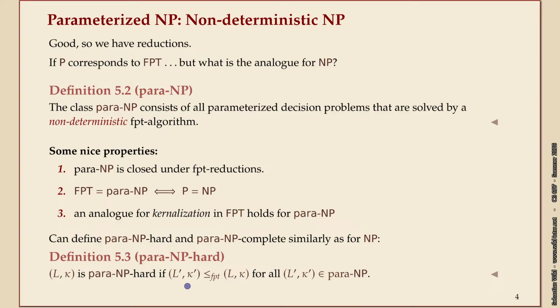Every problem in NP can be polynomial time reduced to that problem, then that problem is NP hard. So same thing here, except that we have to carry through the parameterizations and use FPT reductions. So we should be happy because that sounds like a nice theory. It has all the good properties we would want of a complexity class. And it seems to nicely play with P and NP.